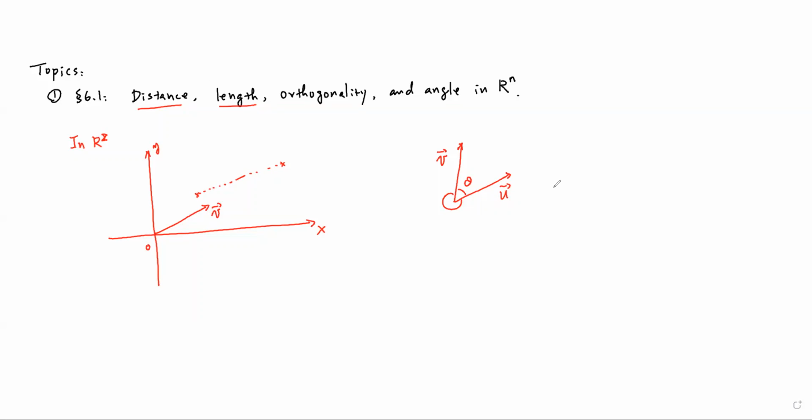Today, I want to answer this question. I want to extend the concepts of distance, length, orthogonality, and angle in R2 to Rn today. First, let me extend the distance from R2 to Rn.